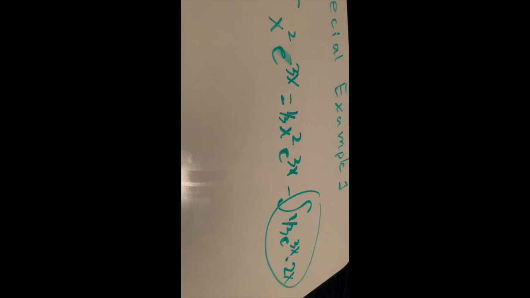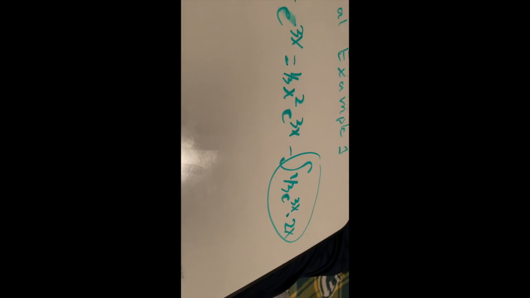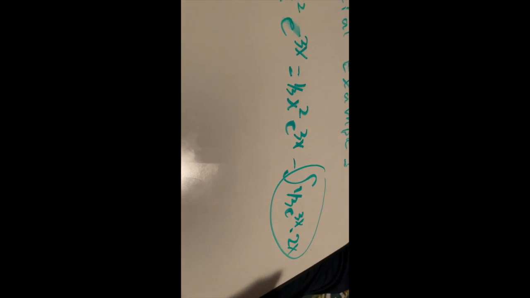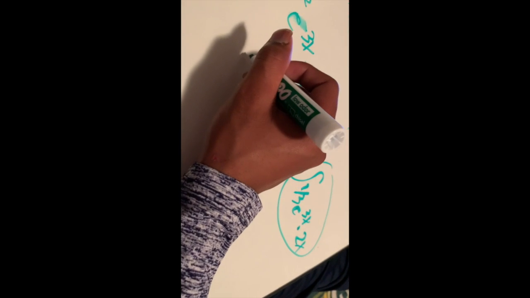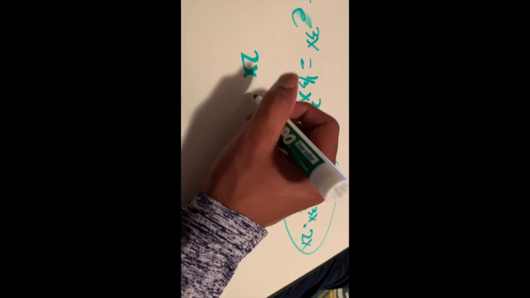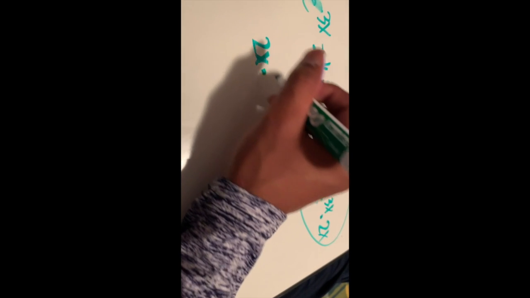So we're going to once again define the simpler term as a. So we're going to define 2x as a, and the other part is the derivative of function u.